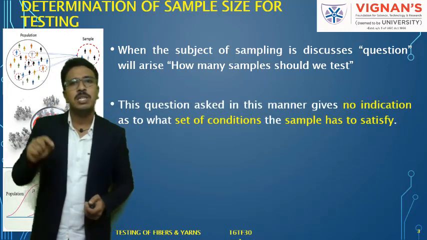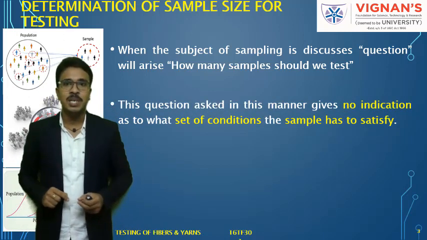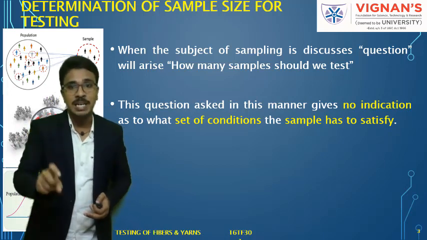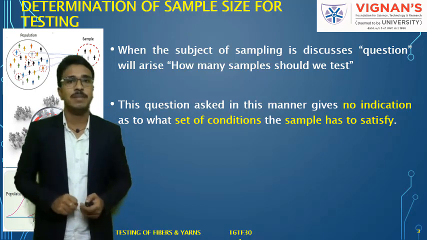This is the first question which arises in our mind when it comes to sampling. This question asked in this manner gives no indication as to what set of conditions the sample has to satisfy.